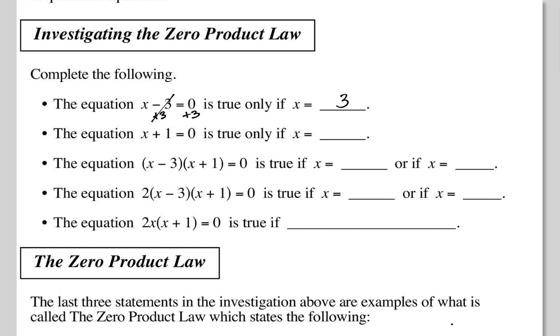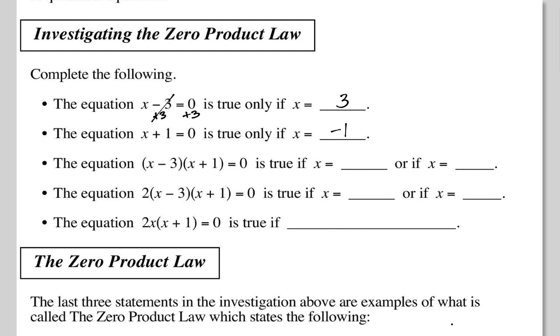So using that logic, if it's minus 3 on the left, then you do the opposite of minus 3, which is plus 3. So for the second bullet, the opposite of plus 1 would be negative 1. Good. So negative 1 plus 1 would be 0.